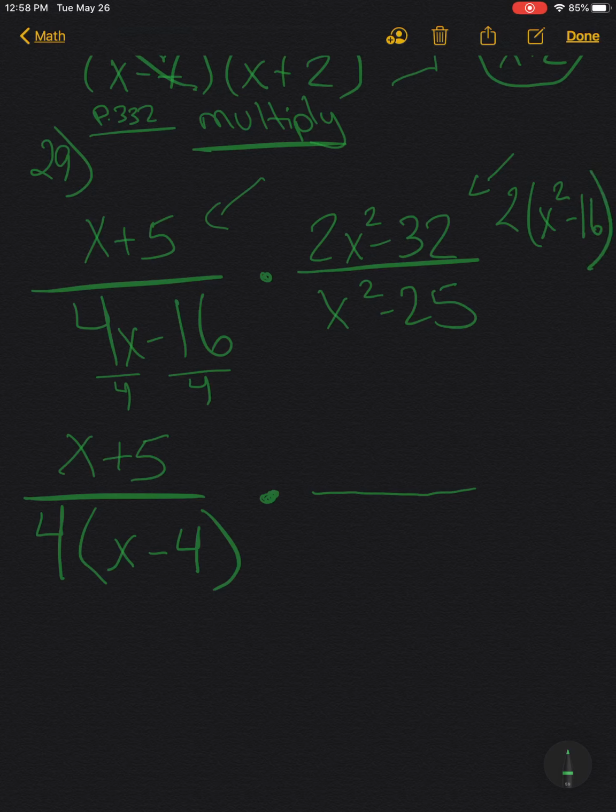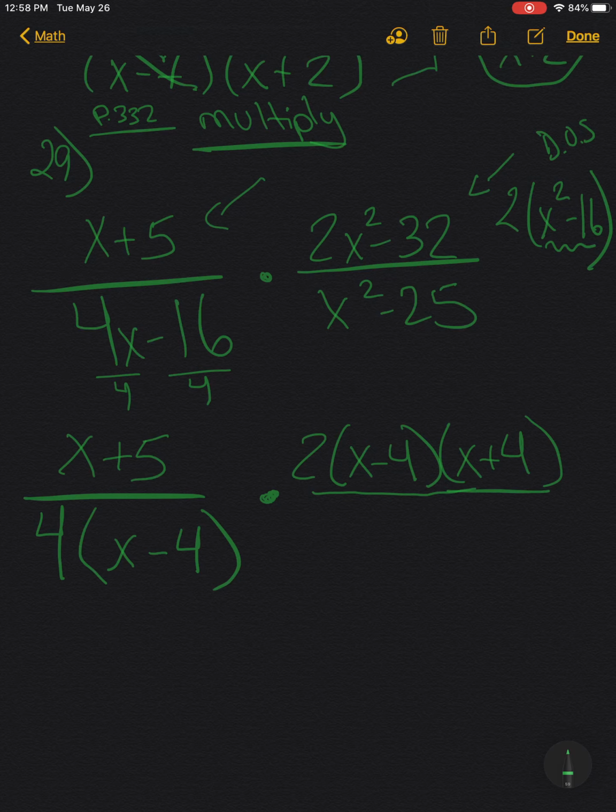Because I divided them by 2. Now, I am not done here because here I'm left with difference of squares. That means that these can both be square rooted, right? And that would result in x minus 4, x plus 4.